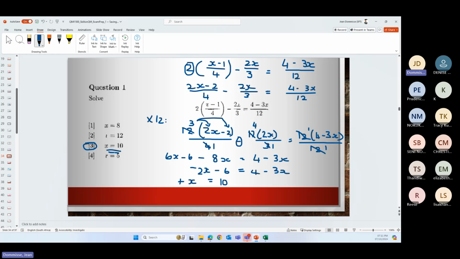What you can also do always is put that 10 back into that formula. So if you put that 10 back into that formula, you will see, okay, it's 4 minus 3 times 10. So 4 minus 30, that's minus 26. Minus 26 divided by 12. Okay, that's not even a great answer. I would have loved it if it was something different.